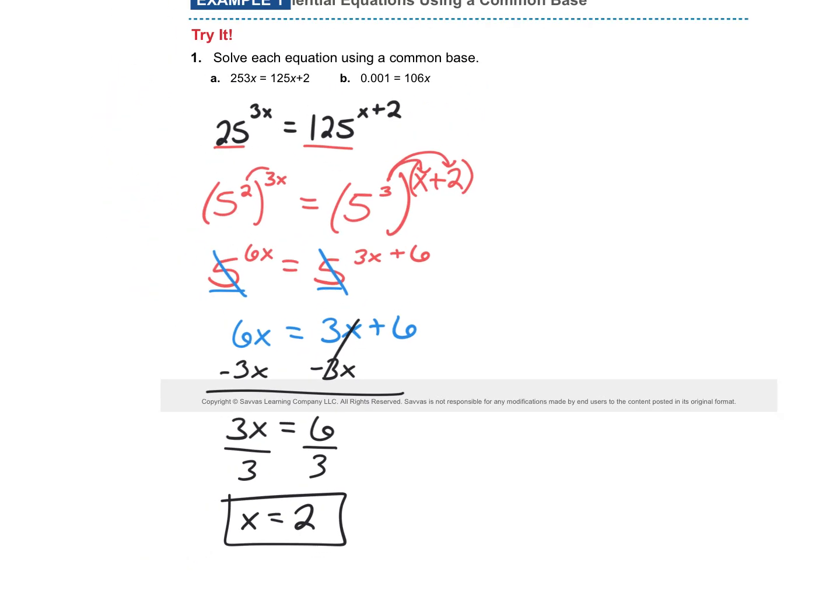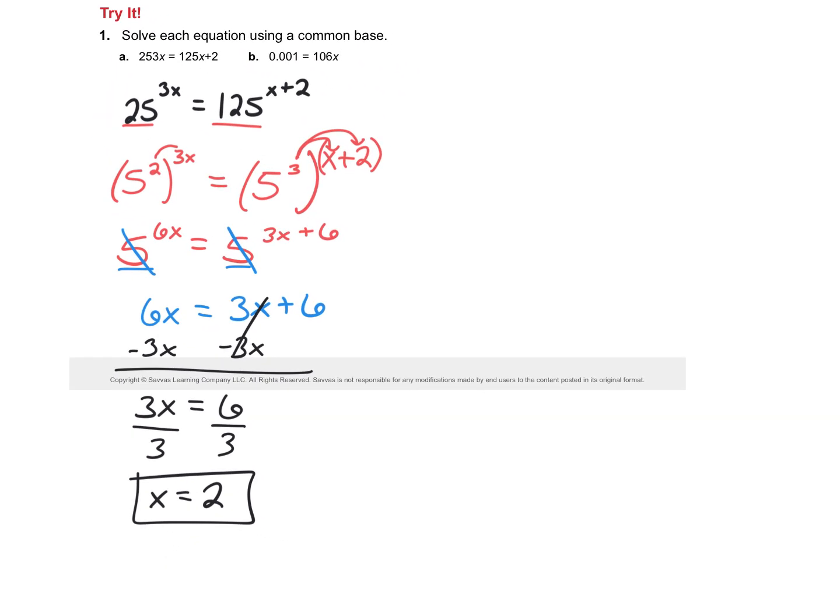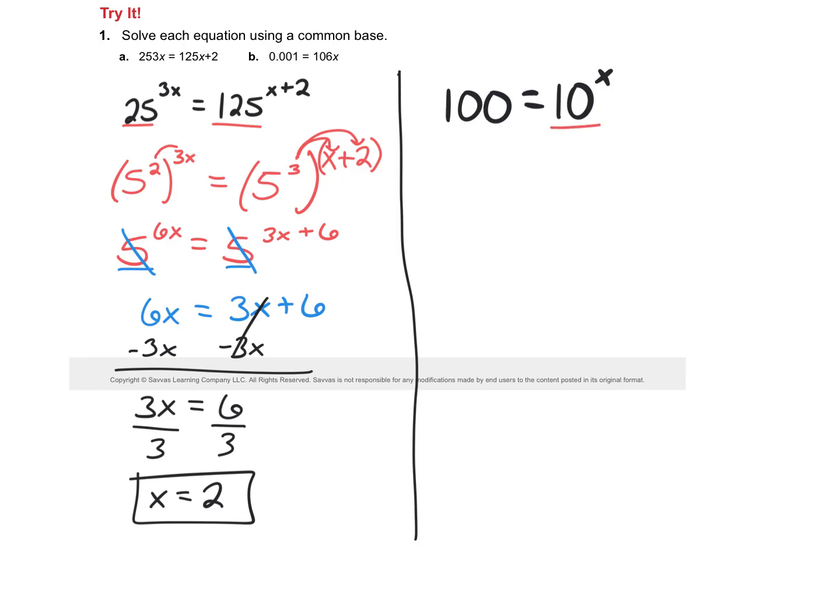Okay. I'm going to look at B, but I'm going to change it to make it look a little bit nicer. Change this to 100 equals 10 to the x. What are my bases here right now? 10 and 100. Why is 100 also considered a base?